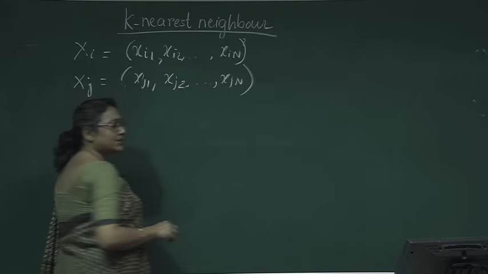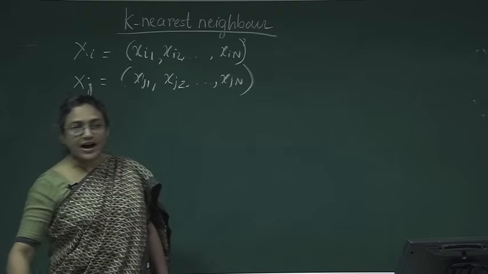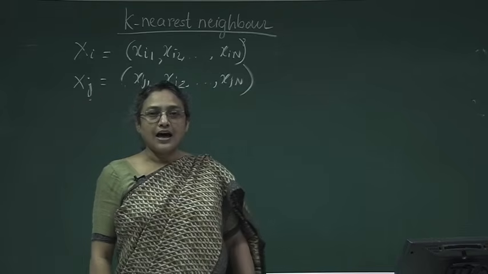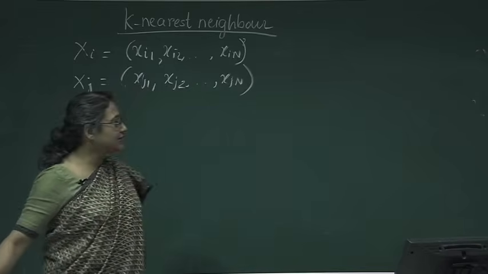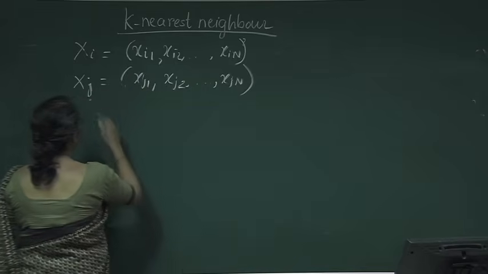Given these two instances, we want to find how close they are. I think all of you know about the Euclidean distance. How do we measure the distance between these points?